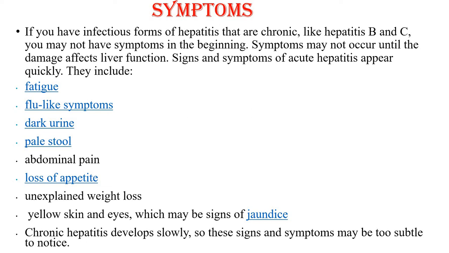Signs and symptoms of acute hepatitis appear quickly and include fatigue or weakness, flu-like symptoms, darker orange-yellow urine, pale stool, abdominal pain especially on the right side, loss of appetite, unexplained weight loss, and yellow skin and eyes, which may be signs of jaundice.